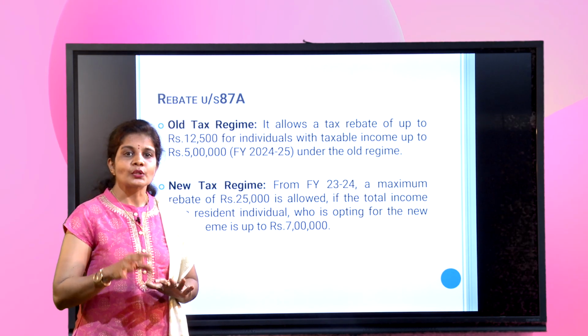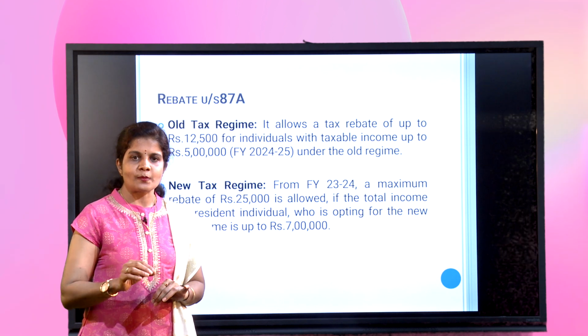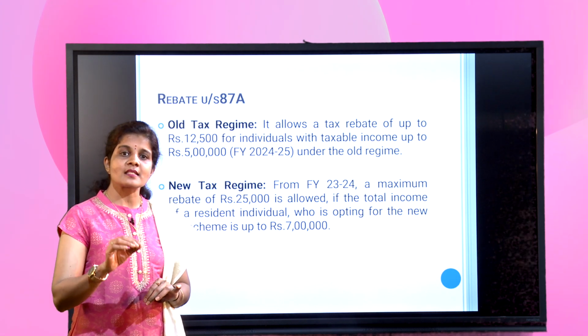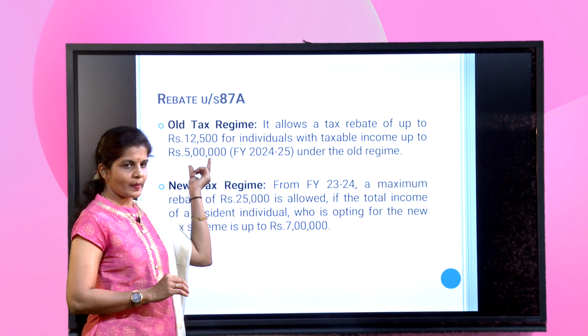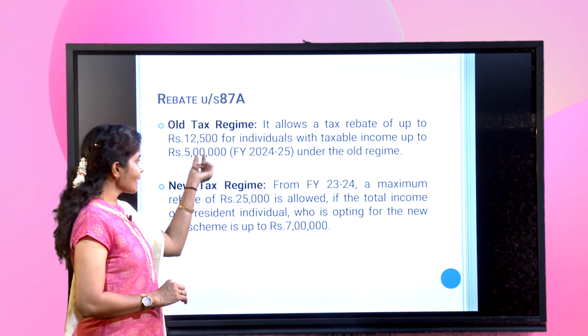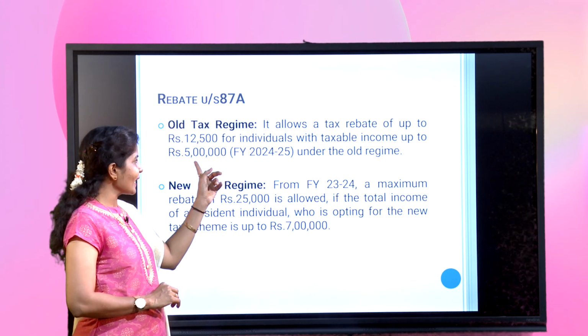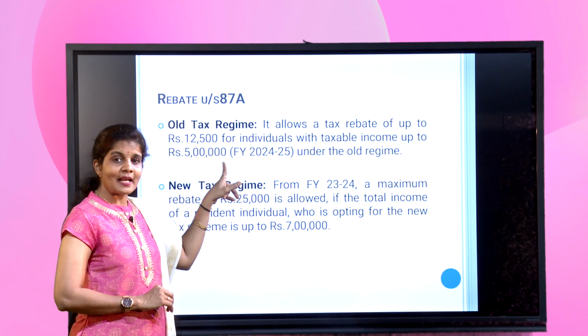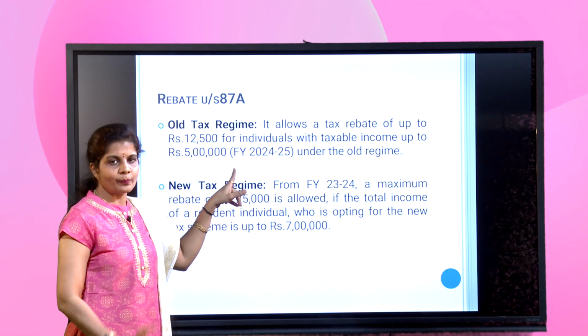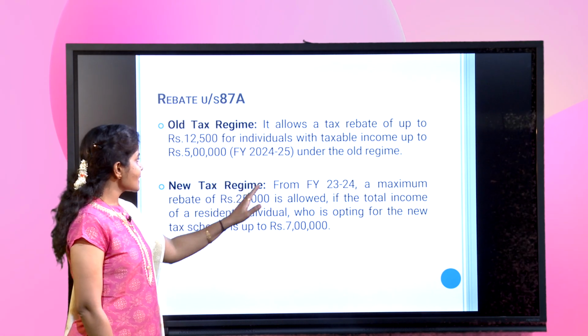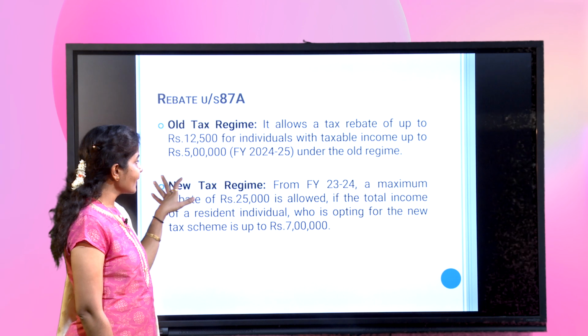Who will get it? Those taxpayers who have a taxable income of up to 5 lakh rupees. If they have a taxable income of 5 lakh 1 rupee, they have to pay taxes as per the slab rate specified earlier.